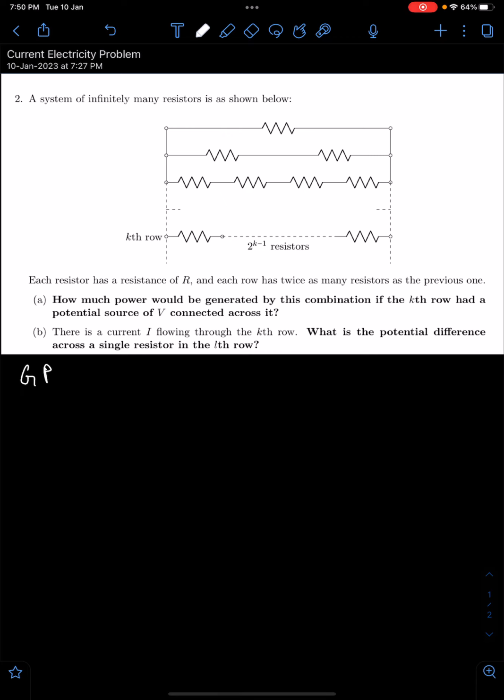So what is GP? GP is geometric progression. I assume you guys have heard about AP. AP is arithmetic progression.